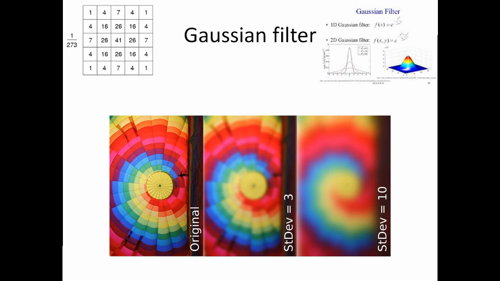As we increase the standard deviation, the blurredness increases. So why do we prefer Gaussian filters rather than mean filters? Well, a Gaussian filter will preserve the edges more than mean filters and average filters.